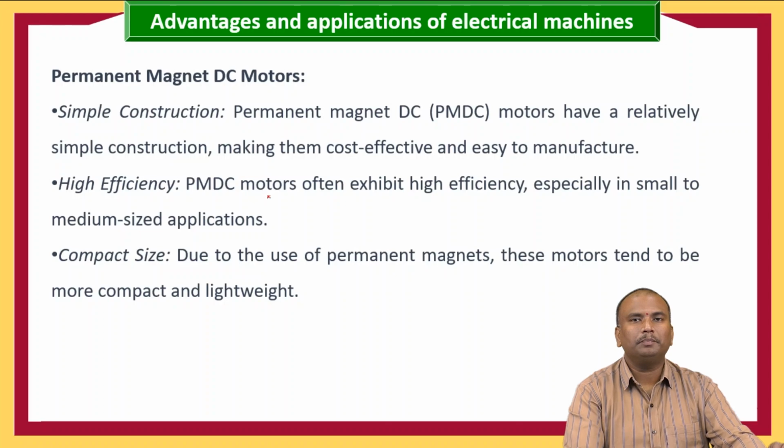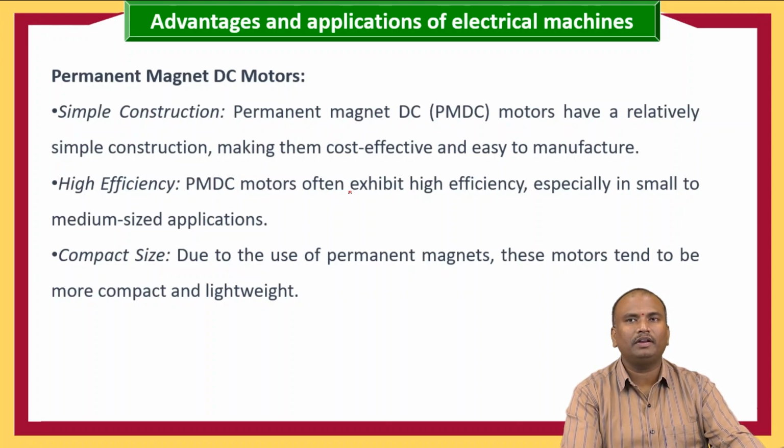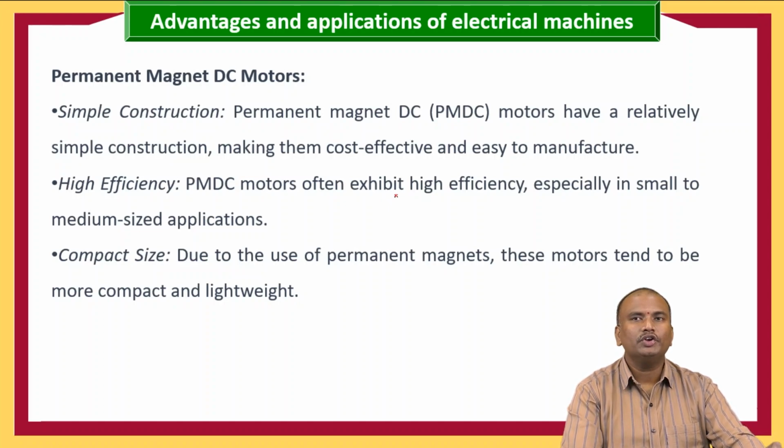Here PMDC motors have a constant flux. Because of that constant flux, there are no losses in the windings, because only magnets are present. When there are no losses, we get good efficiency, especially in small to medium sized applications, because permanent magnets are suitable only for small to medium sized applications.